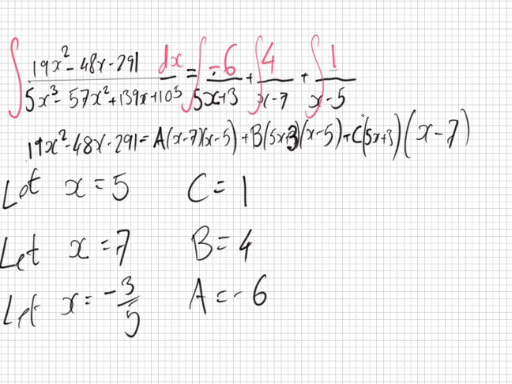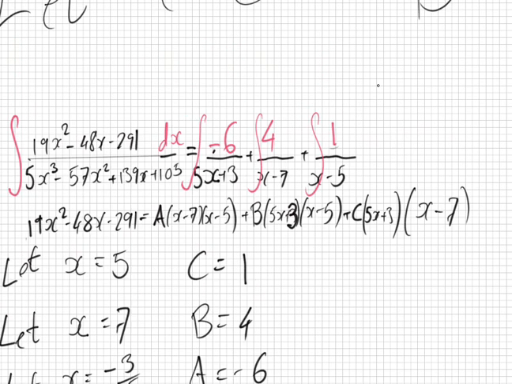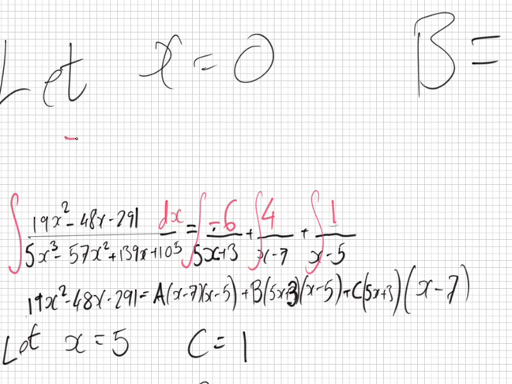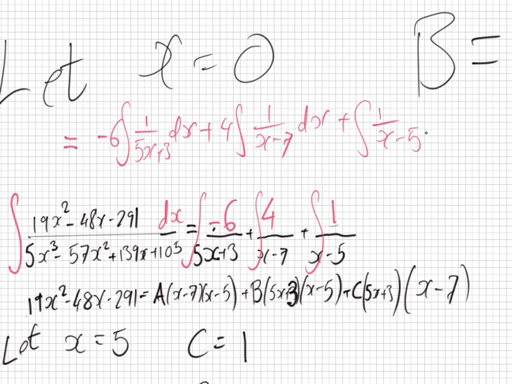You have a rule for 1 over ax plus b. So I'll write up the top here. This can be written as minus 6, 1 over 5x plus 3 dx, plus 4, 1 over x minus 7 dx, plus 1 over x minus 5 dx.